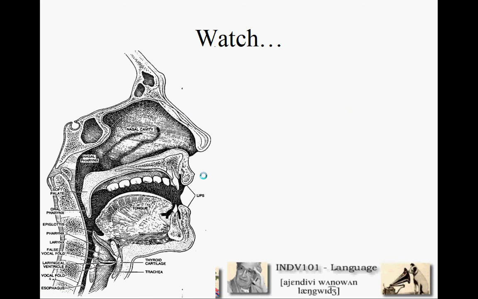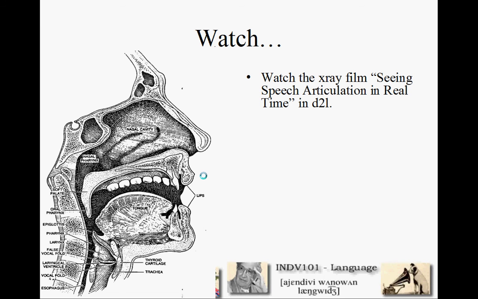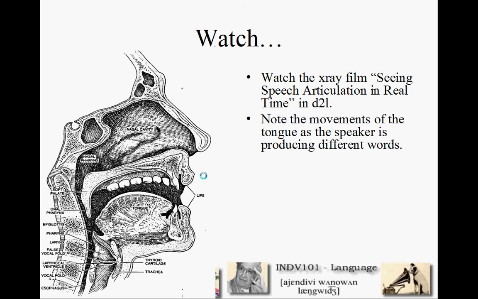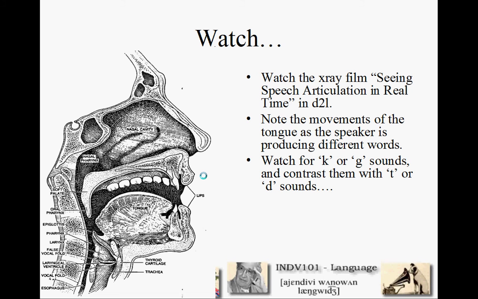Oh, yes. Also, you want to watch this video. This is the film Seeing Speech: Articulation in Real Time. It's just like 2 minutes long, a little YouTube clip. As you watch this, note the movements of the speaker's tongue. Look for the K sounds and the G sounds where the tongue should be in the back, and contrast them with the T and D sounds, and you'll notice that the tongue is probably farther forward.